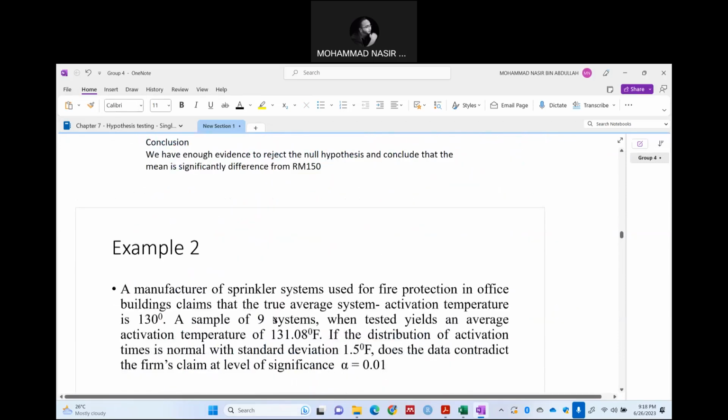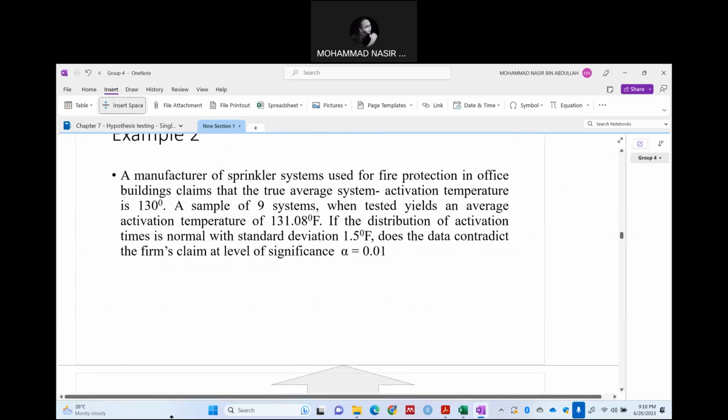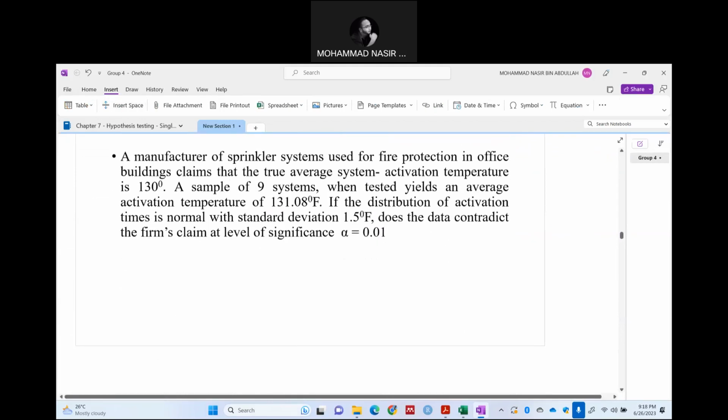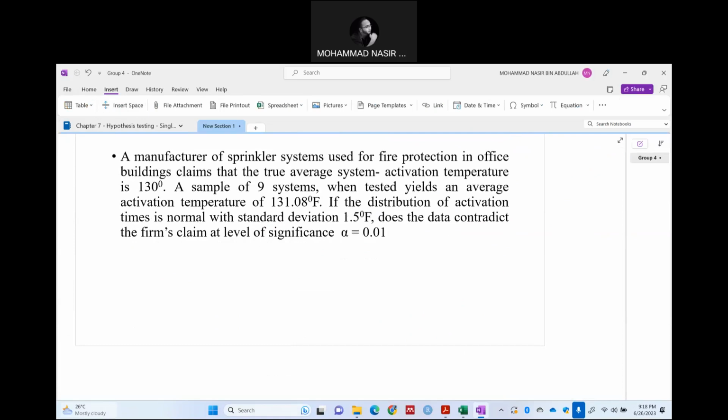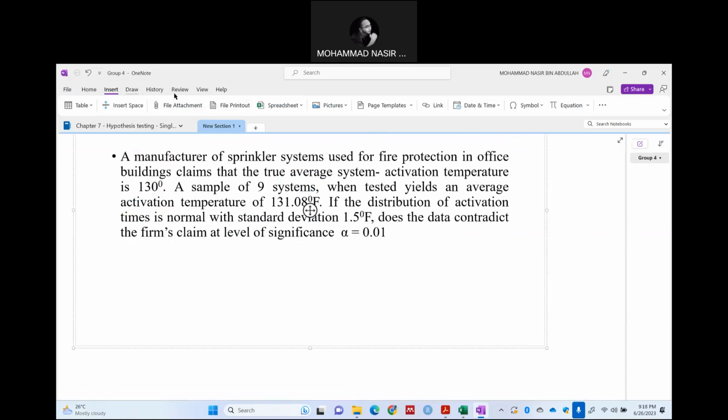Right. Now let's look at example number 2. A manufacturer of sprinkler systems used for fire protection in office buildings claims that the true average system activation temperature is 130 degrees.